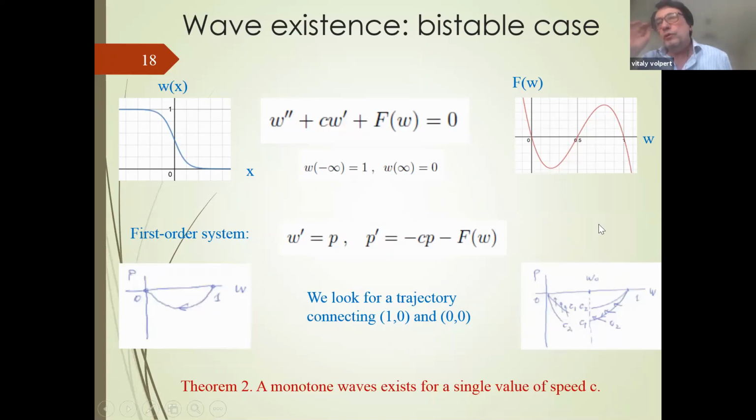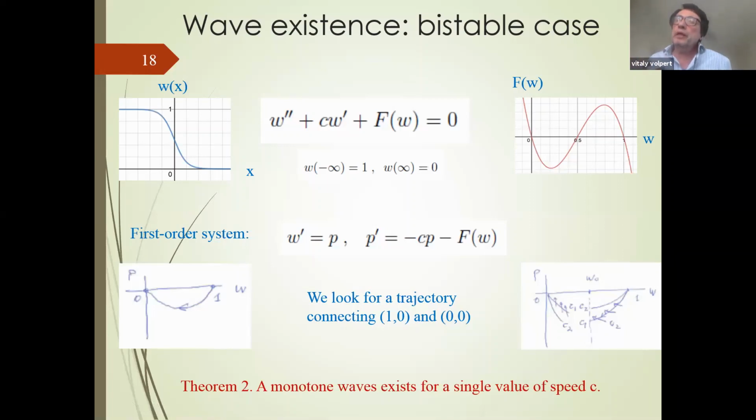So what we do, we change the value of speed C. We consider it now as an unknown parameter. We change the value of this parameter, and we can easily verify that the trajectories change, like shown here. This trajectory goes down, this trajectory goes up, and for some unique value of C, they intersect and they coincide.